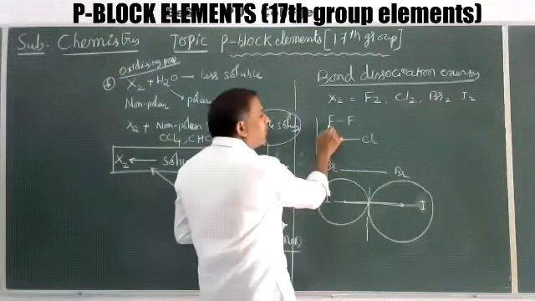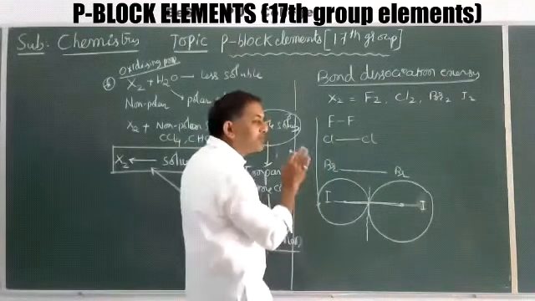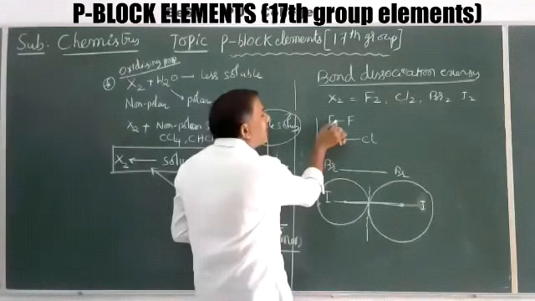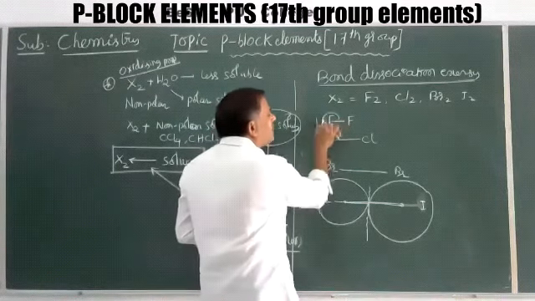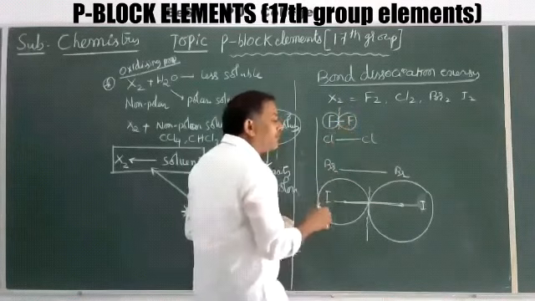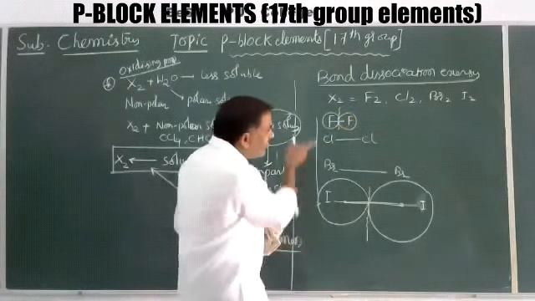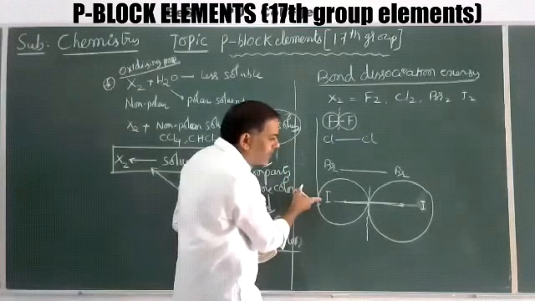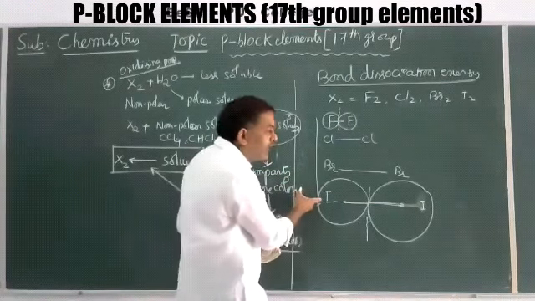Between fluorine and fluorine, more energy is required, because they are at a shorter distance, strongly attracted with each other. To break that bond, more energy is required. But in the case of iodine, less energy is required.